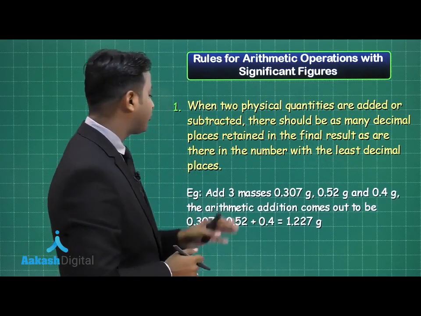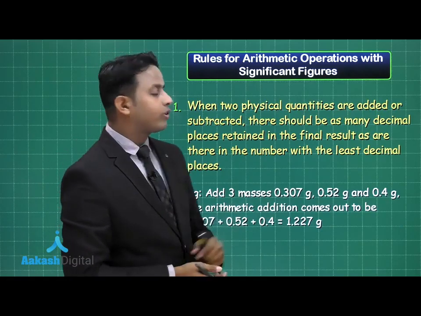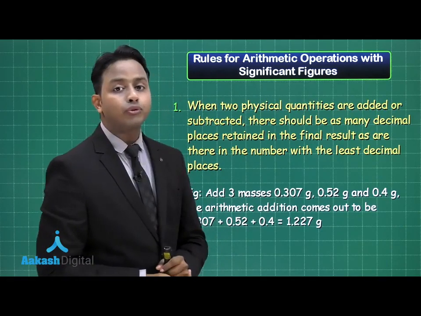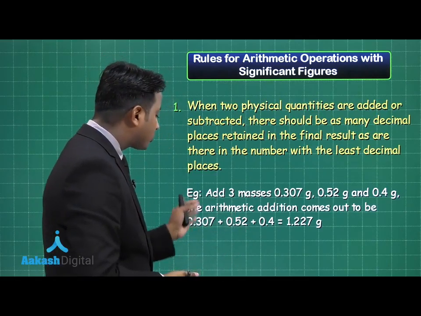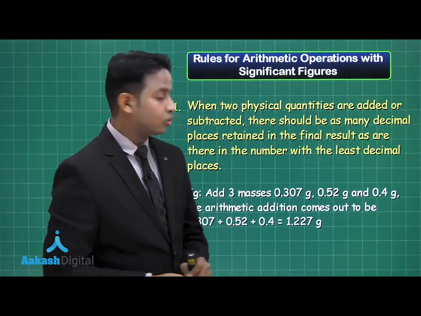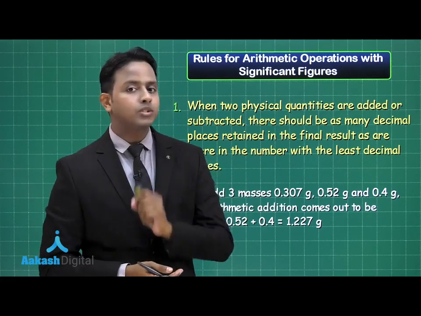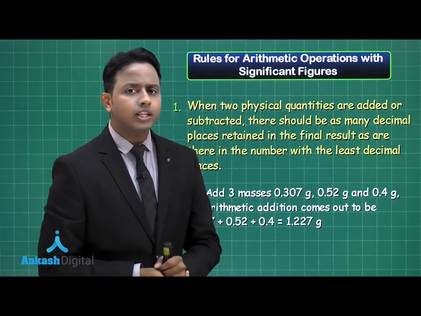Let's suppose I have to add 3 masses, 0.307 gram, 0.52 gram and 0.4 gram. Now the arithmetic addition comes out to be 0.307 plus 0.52 plus 0.4, and it will come out to be 1.227 gram. Now I have done the addition without thinking about the significant figures.